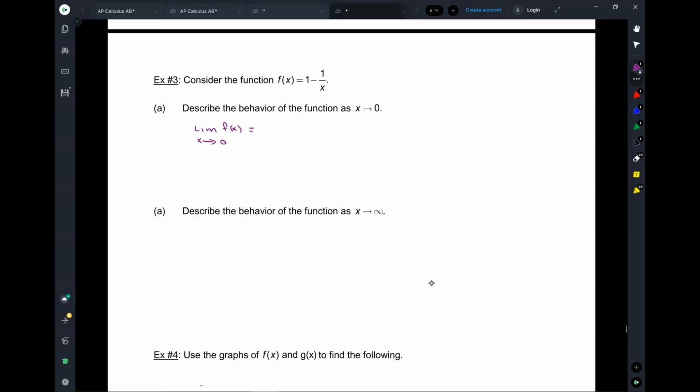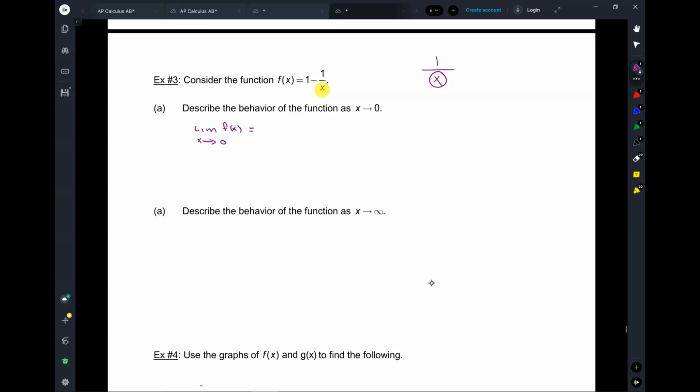So what I have here is 1 minus 1 over x. Okay, hang on. Let me walk you through this for a little bit. Here's where the variable is, and I want to think about what happens as that variable becomes very, very small. In general, if you have 1 over x and the denominator gets very, very small, what happens to 1 over x?